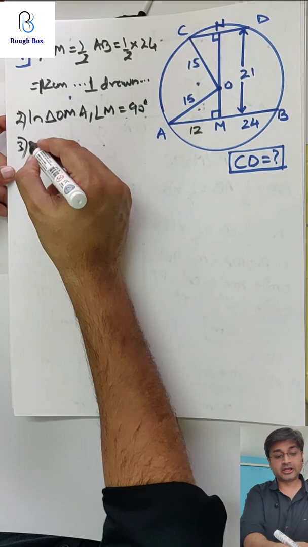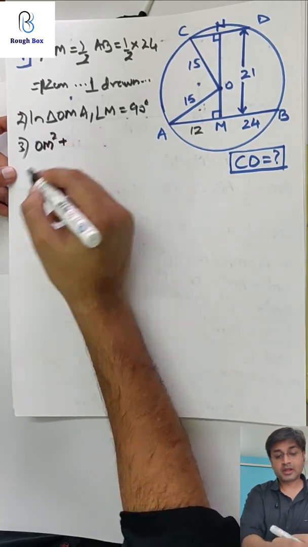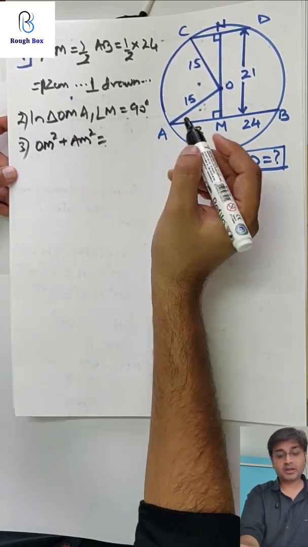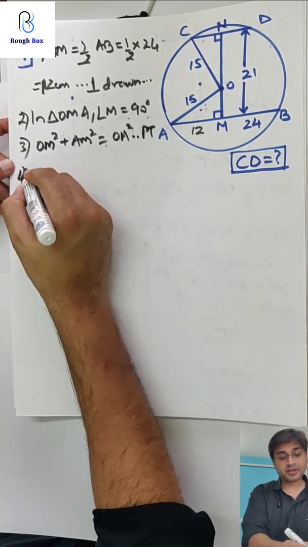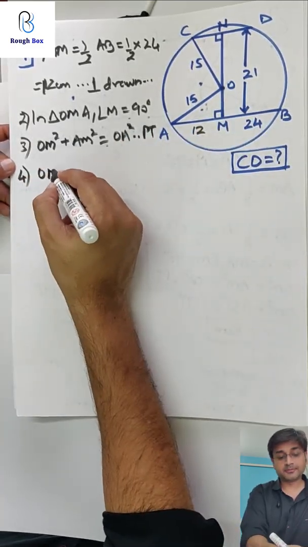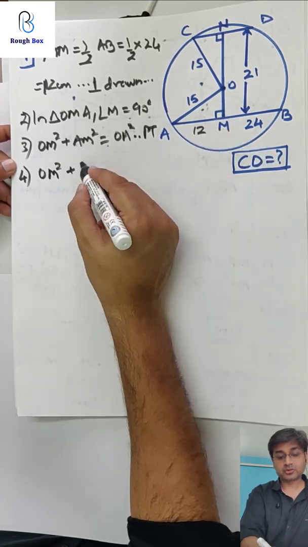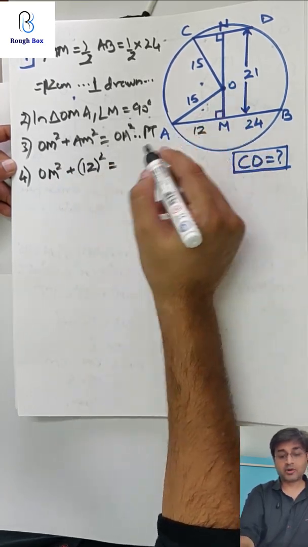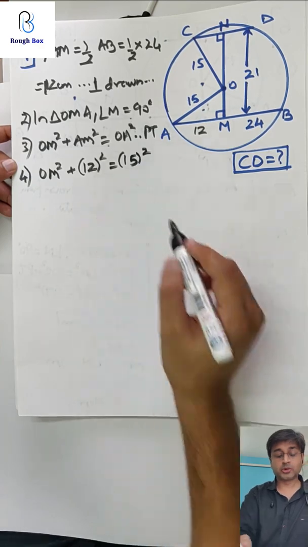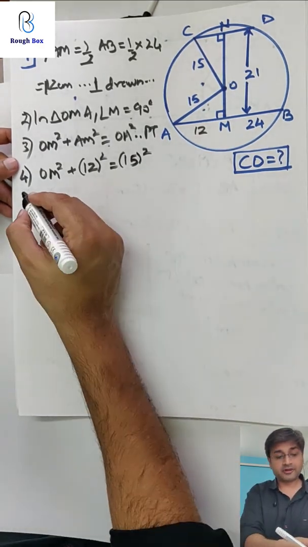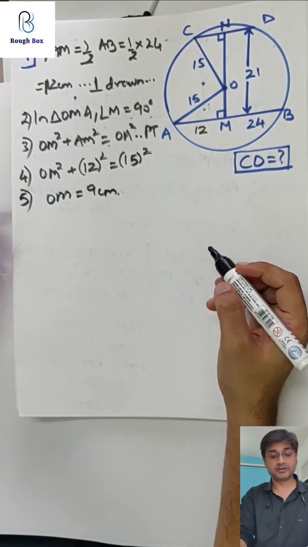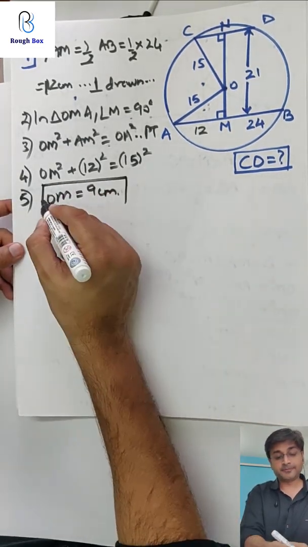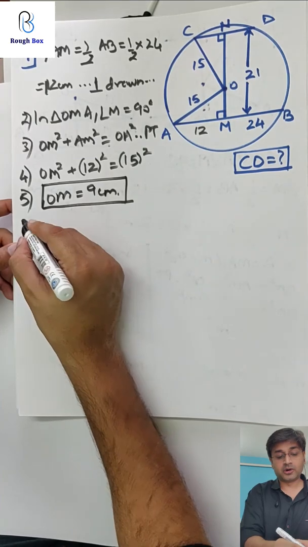So we are trying to apply Pythagoras now. So OM square plus AM square is equal to OA square. That is Pythagoras theorem. So OM is unknown, AM is 12 and OA is 15. So 225 minus 144, that's 81. So your OM should be 9 centimeters. Now that you got your OM, it's very simple to get ON.